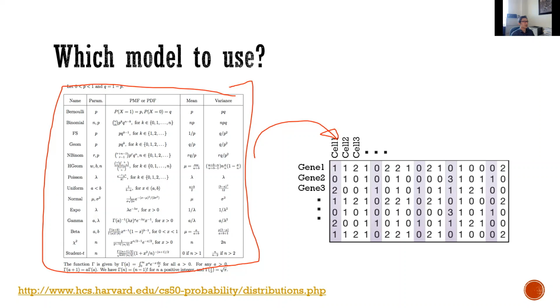So that's the purpose of the modeling. We need to understand which statistical model, which distribution will be best to randomly generate RNA-seq data that is close or very similar to observation.